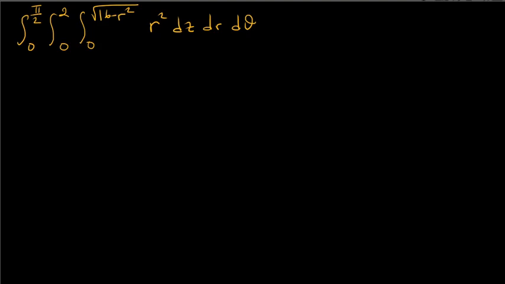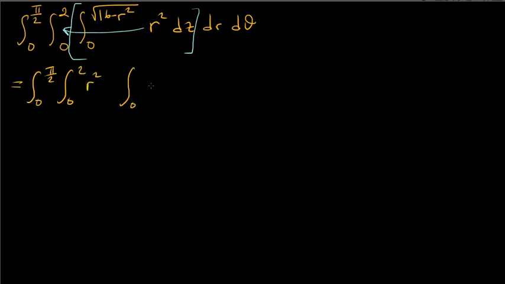Okay, so how do we evaluate this? Start on the inside. We'll just evaluate this, and of course this is the z integral, so it doesn't depend on r. We can take the r squared out and integrate the r squared later.